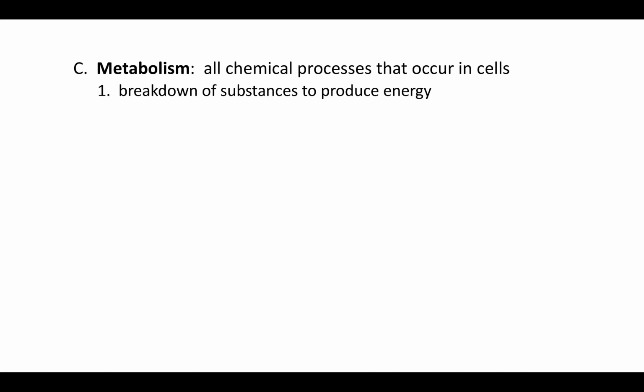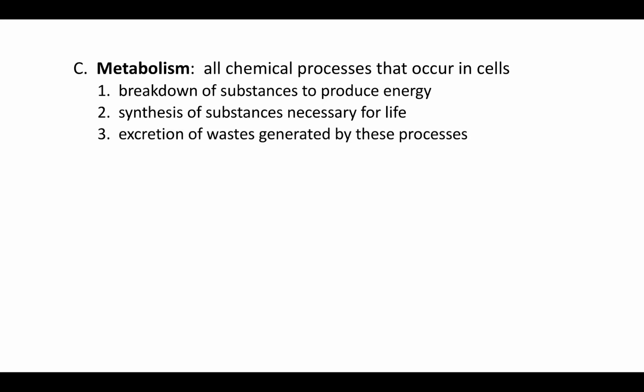In that case, it would be what we call catabolism. You can also have the synthesis of substances necessary for life. So that would be to build a larger substance from smaller building blocks, which we refer to as anabolism. And then also falling within metabolism would be the excretion of wastes generated by these processes.